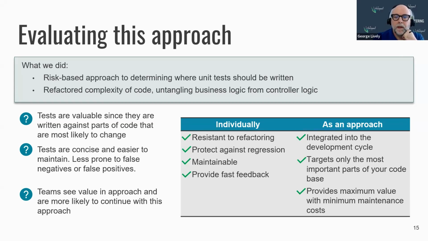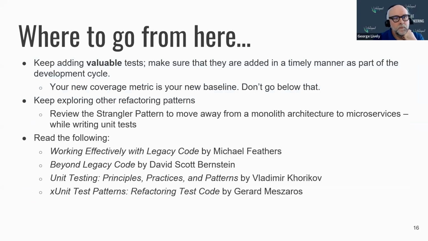All right. So where do we go from here? Once we have understood what a good, valuable unit test is and a valuable approach to unit testing is, I would hope that we keep adding valuable tests. The ones that aren't valuable, quite frankly, we should get rid of them.